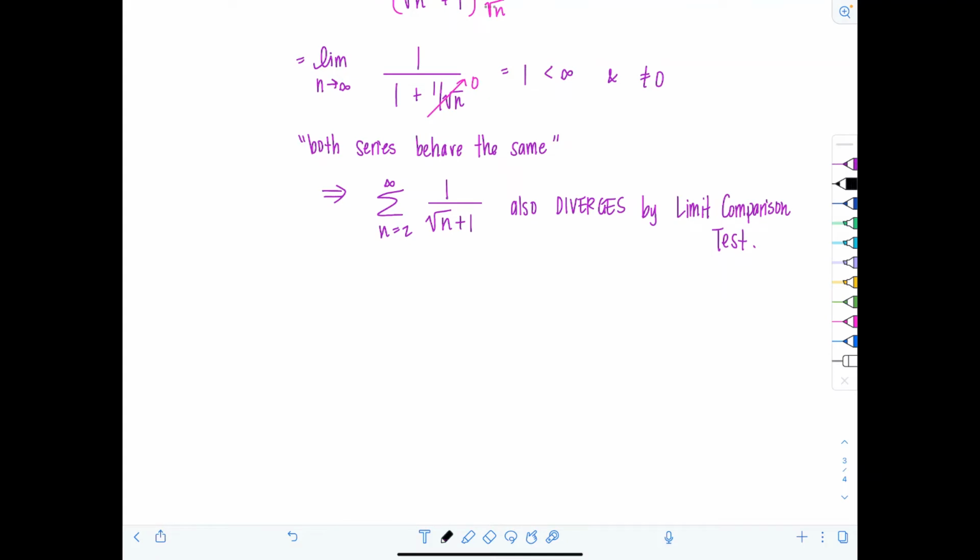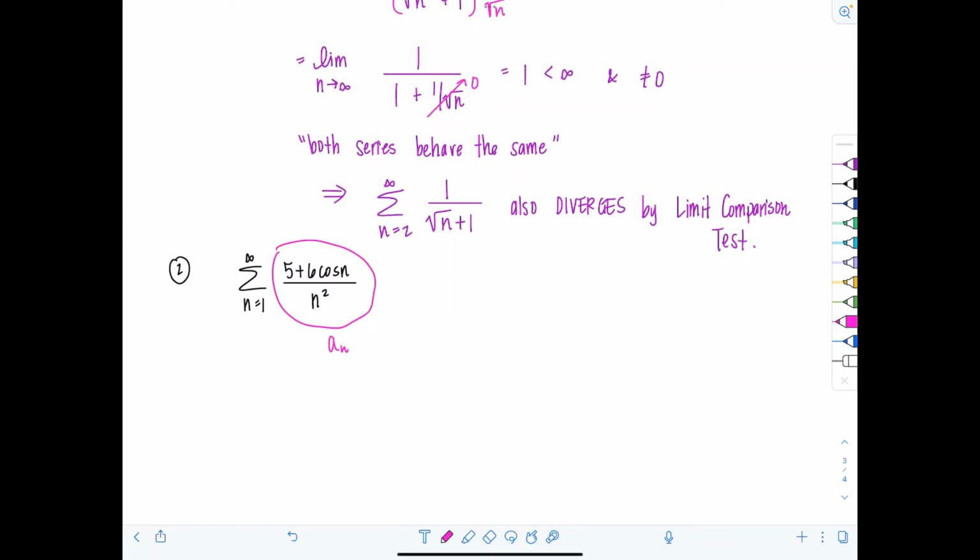Example 2. We have the sum from n equals 1 to infinity of 5 plus 6 cosine of n over n squared. Okay, so let's think here. Let's kind of take a guess as to what we suspect is going to happen. So this is a_n right here.